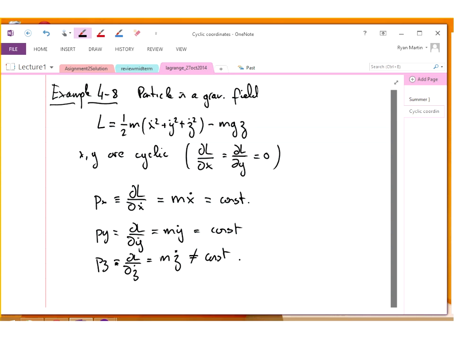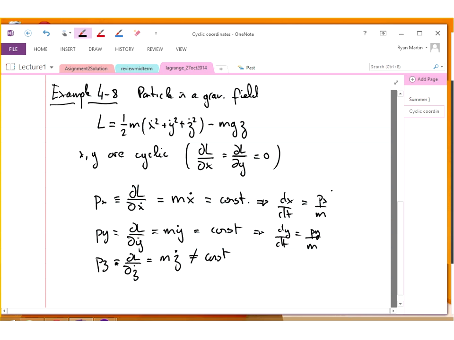And so presumably the initial conditions would allow you to calculate what that momentum is. All right, so the equations of motion are very simple, right? For the cyclic coordinates, the equation of motion is that dx/dt is equal to px over m. And similarly for y, dy/dt is py over m. The initial conditions can give you px and py.